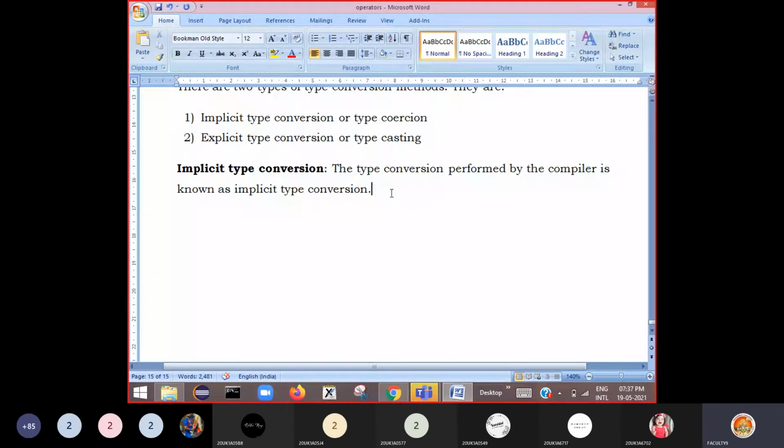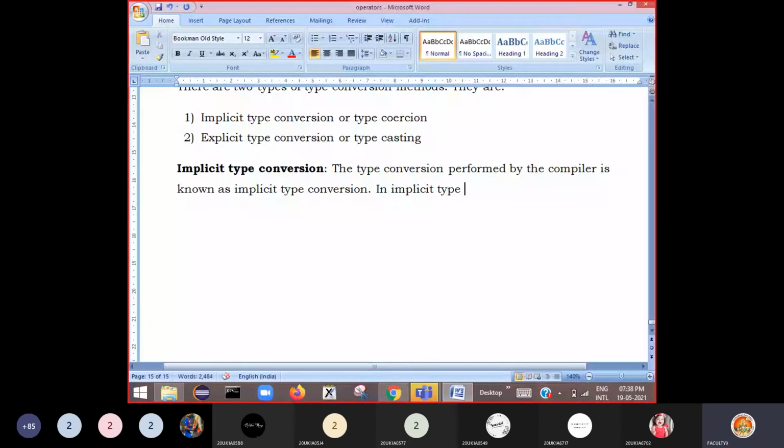Here, in implicit type conversion, the lowest data type variable will be converted to the highest data type variable. You should remember this. I'll tell you what is the lowest type and highest type.